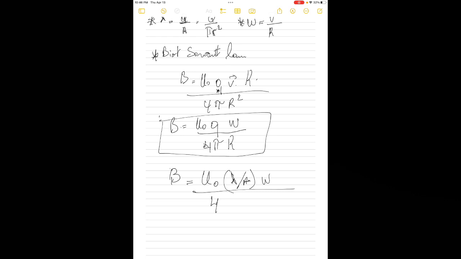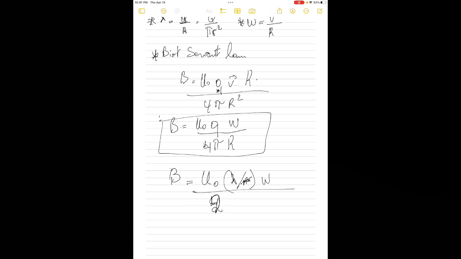Actually, it's divided by 2, because the area here is going to cancel out with the 4 pi r squared, so it's going to be divided by 2.